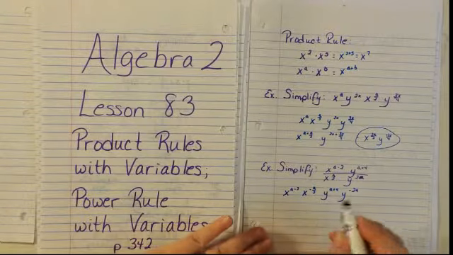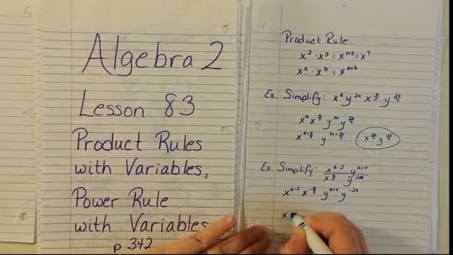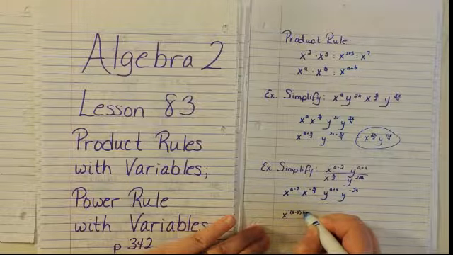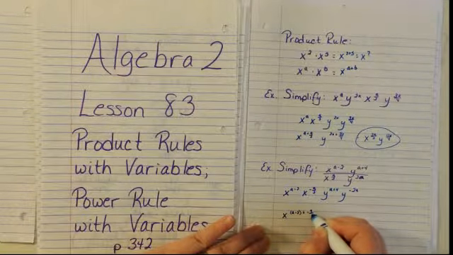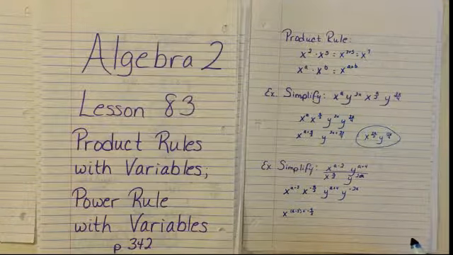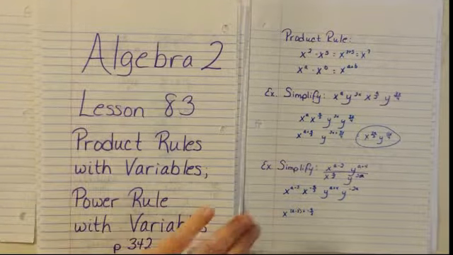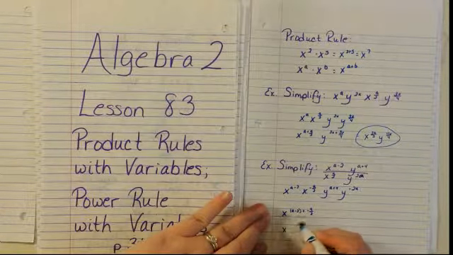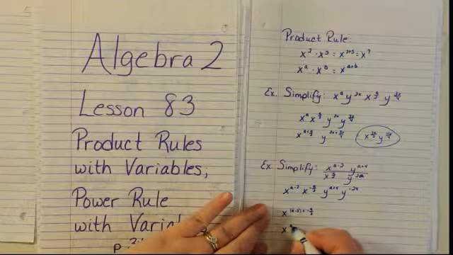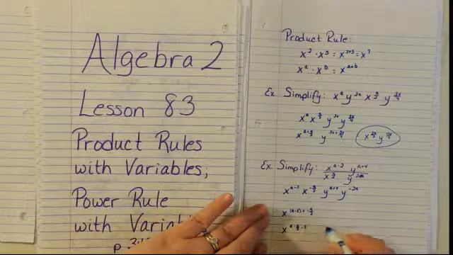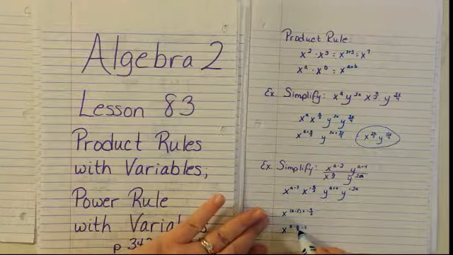Okay, so now we have x, and we have a minus 2 plus negative a over 2. So this is x to the a minus a over 2 minus 2. This is 1/2 a.